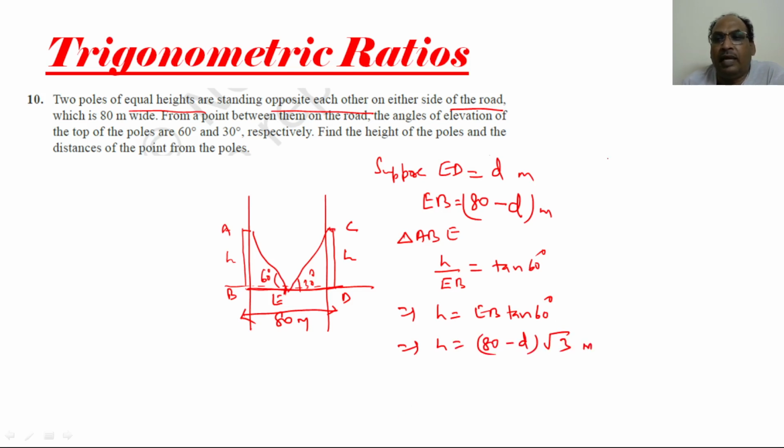Now in triangle CDE, again H by ED is equal to tan 30 degree. So H is equal to ED tan 30 degree.